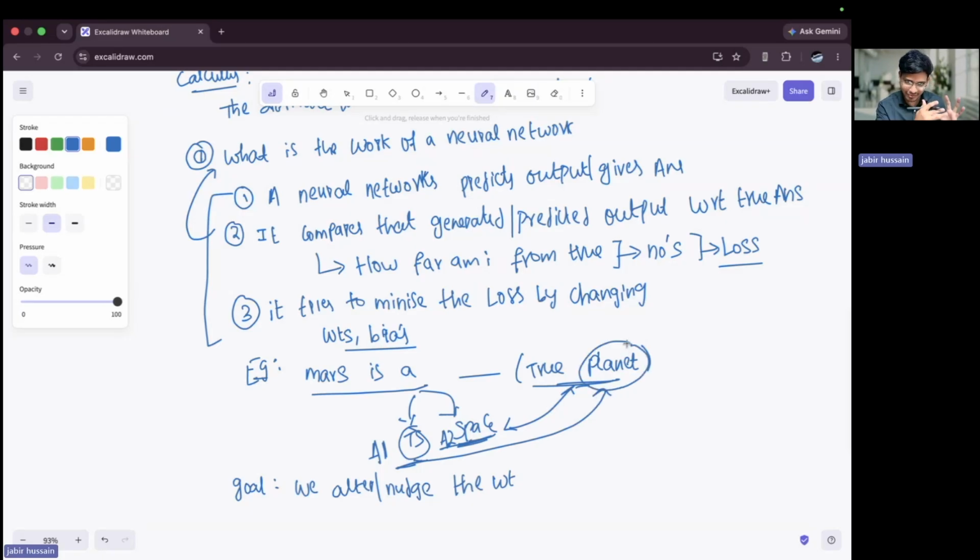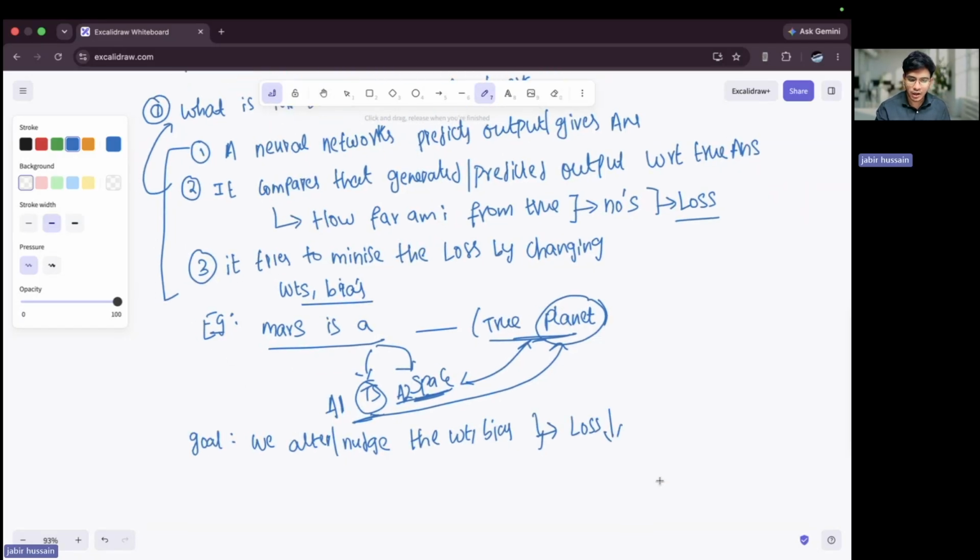We go from a very wrong answer to the true answer. We want to minimize this loss. We want to go from wrong answer to right answer. And to minimize that, we nudge our weights and biases in such a way that the loss we get should be minimum. And how are we going to do that?